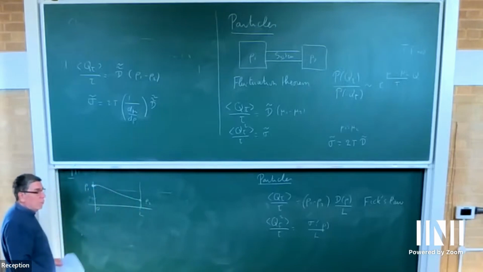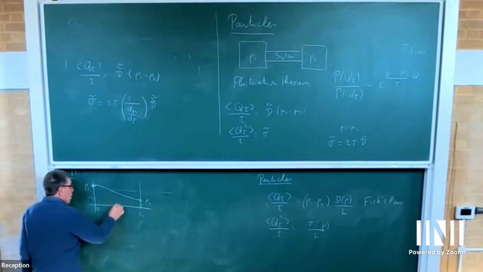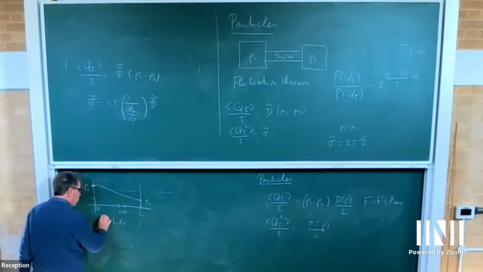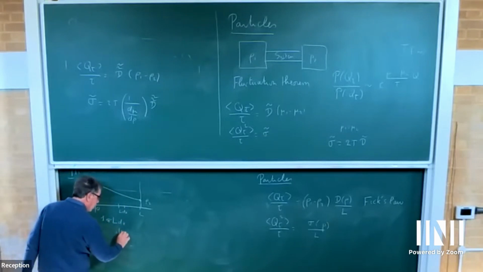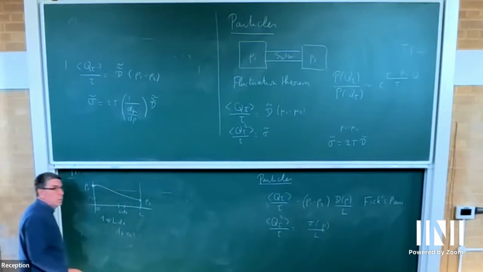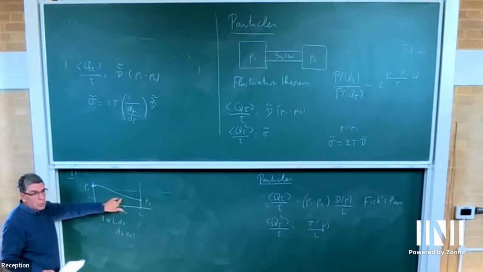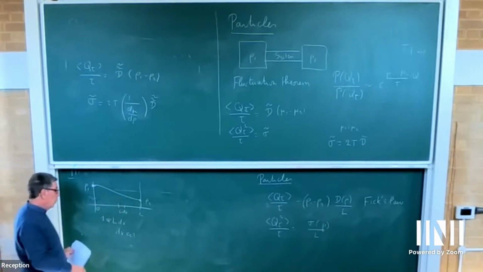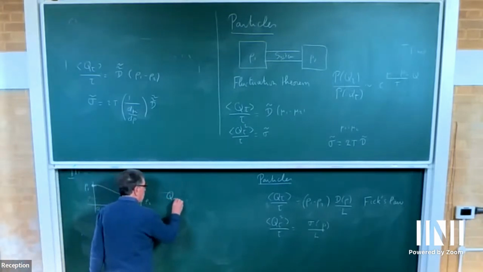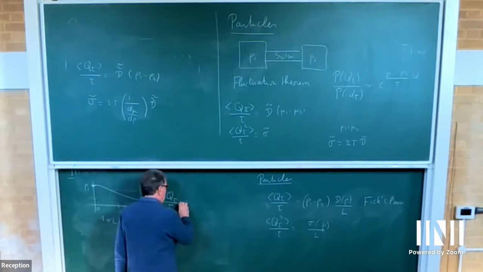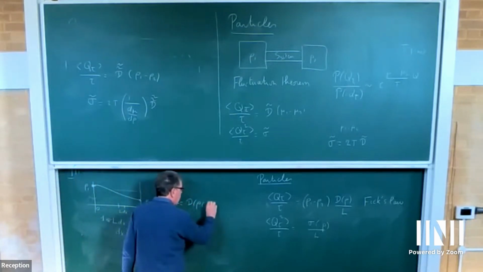Maybe it's not a linear profile, but somehow, if the system is very large, look at a small region, which is large compared to 1, but small compared to the system size. Now for the small region, the difference at the boundary is small. Therefore, the flux will be given by the function of rho around the region x.